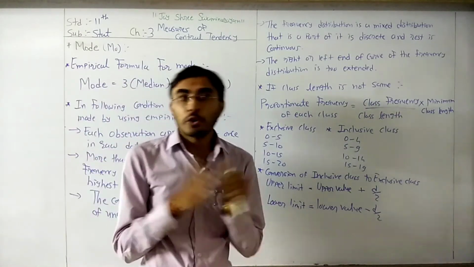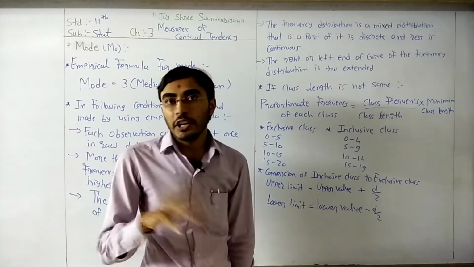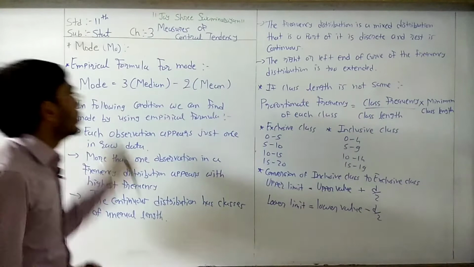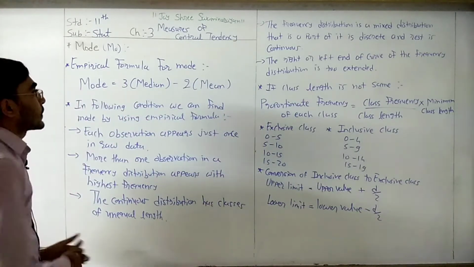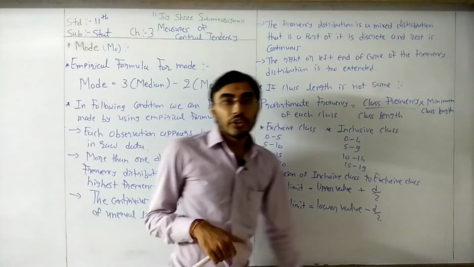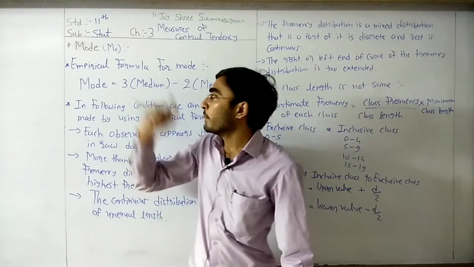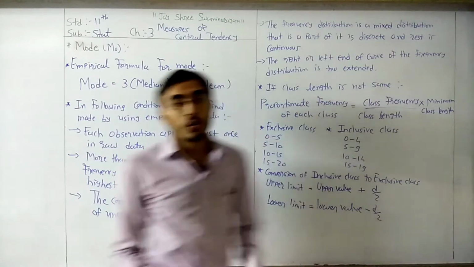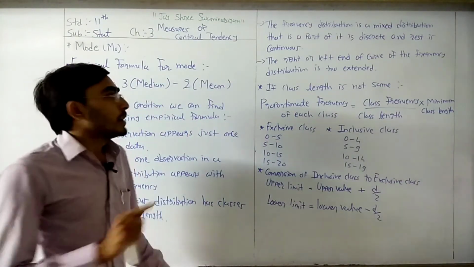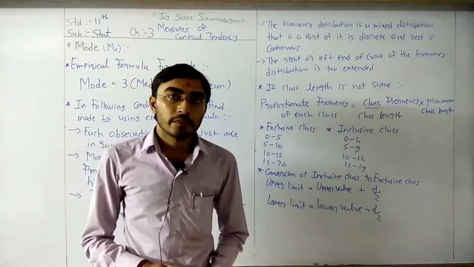That means if you have two values out of mean, median and mode, you can find the third value by using this formula. Out of these three measures of central tendency, if you know two, then you can find the third by using this formula.